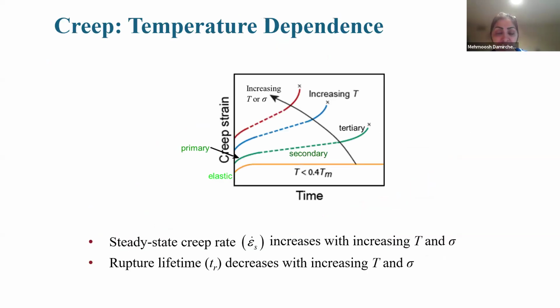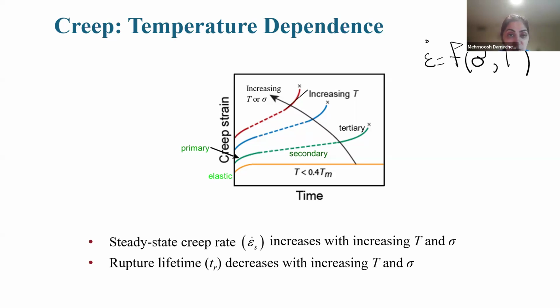The steady-state creep rate, or epsilon dot, depends strongly on both temperature and applied stress. So epsilon dot is a function of sigma, which is constant, but the value is important, and the temperature. As temperature or stress increases, atoms can move more easily, so the creep rate increases.